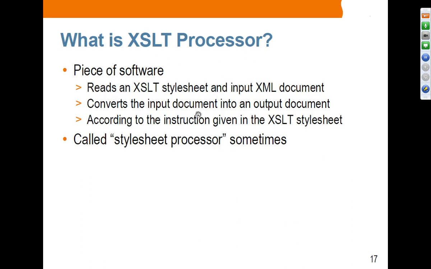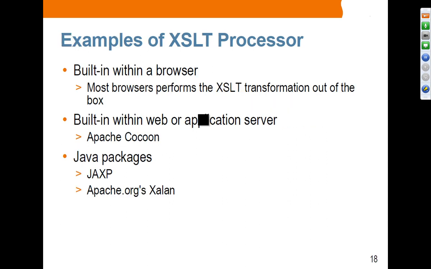Okay, so an XSLT processor is basically software that reads an XSLT style sheet and an input XML document, and converts this input document to an output document according to the instruction given in the XSLT style sheet. Sometimes the XSLT processor is called the style sheet processor because it's processing style sheets.